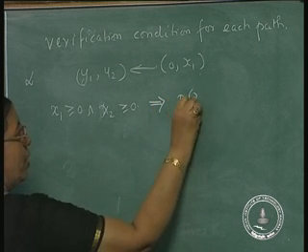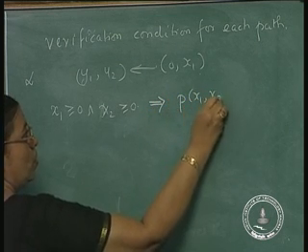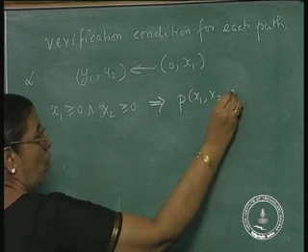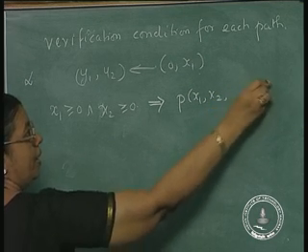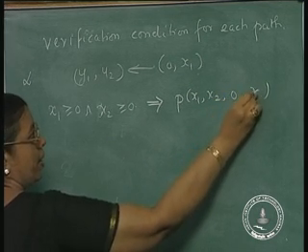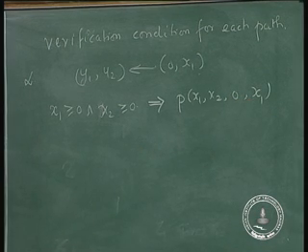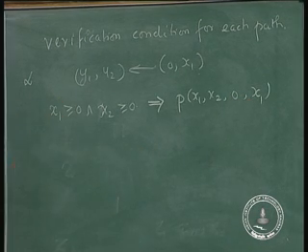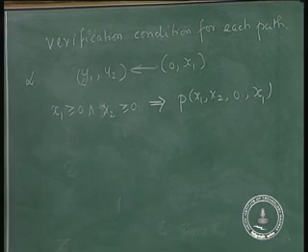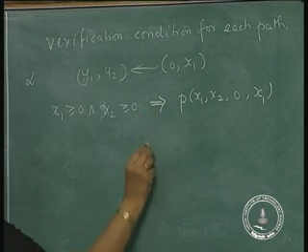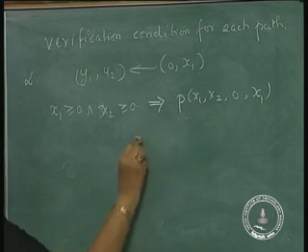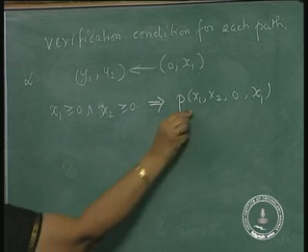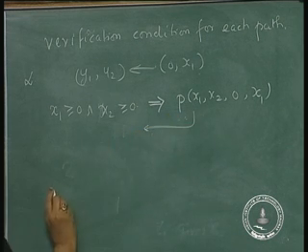P of x1 x2 y1 y2, but y1 y2 at that point is 0 and x1 because of this. So, this is the first verification condition, and if you replace it and expand this, what does that become?